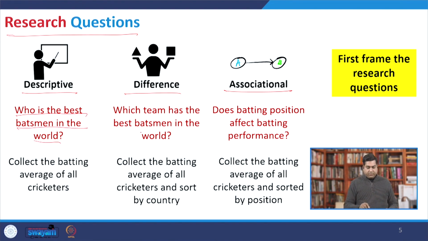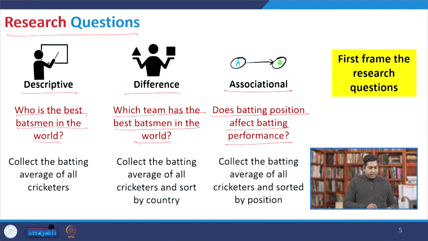In terms of difference, which team has the best batsmen in the world, and then the association is, does batting position or batting order in a particular match affect the batting performance. So in this case it is all related to cricket and batsmen, but what we are trying to focus on is basically the performance.